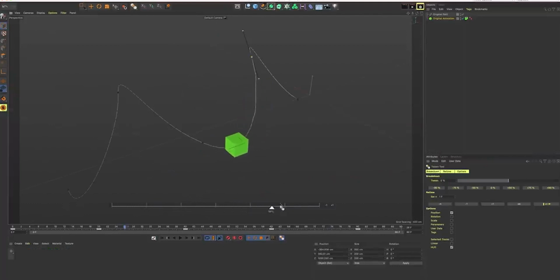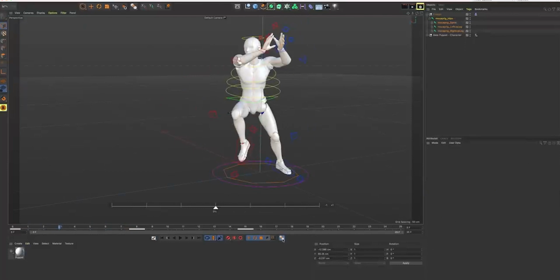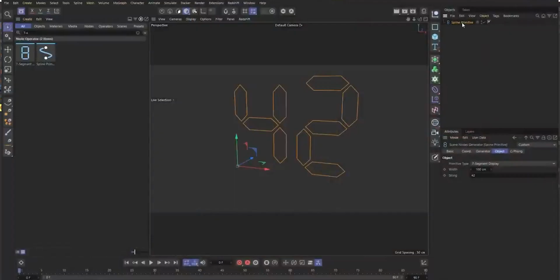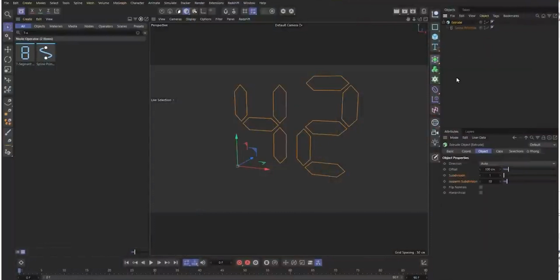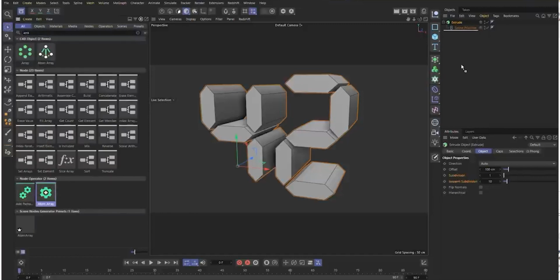But one which is definitely certain is the capsules, and the notes in general. So Cinema 4D introduced the notes in I think it was R23, right? Yeah, I think R23. And since then they keep improving it.